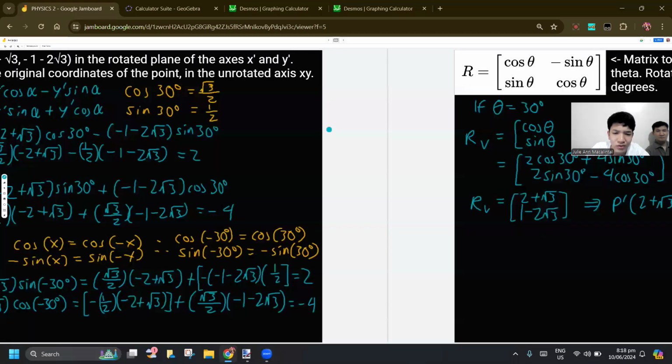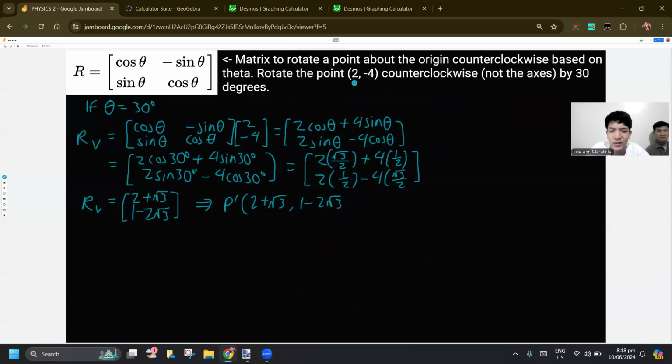So now what if we want to actually rotate the point, not just the axis? So here is the rotation matrix to rotate the point about the origin counterclockwise. Since the angle is positive, we assume we will rotate the point counterclockwise.